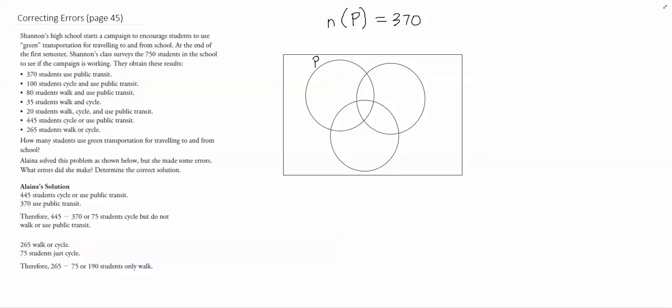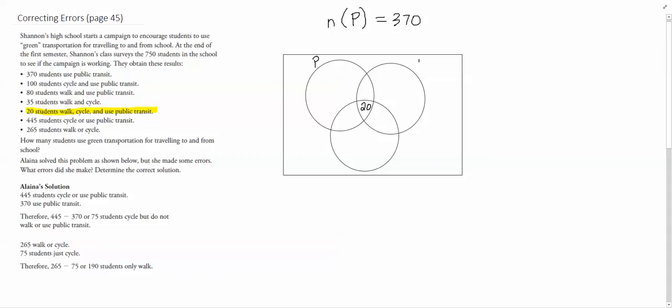We have 20 students who walk, cycle, and use public transit. And notice in solving it, the way I solve it, and there's more than one way, you can list it out in the text, go to the textbook, it'll do it separately. A different way, I always find the center. So this is the one, there's 20 students that use all three.